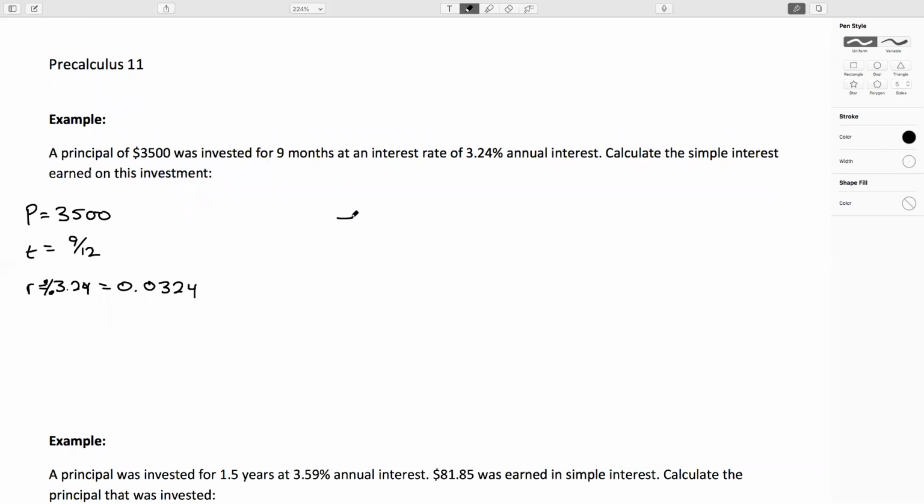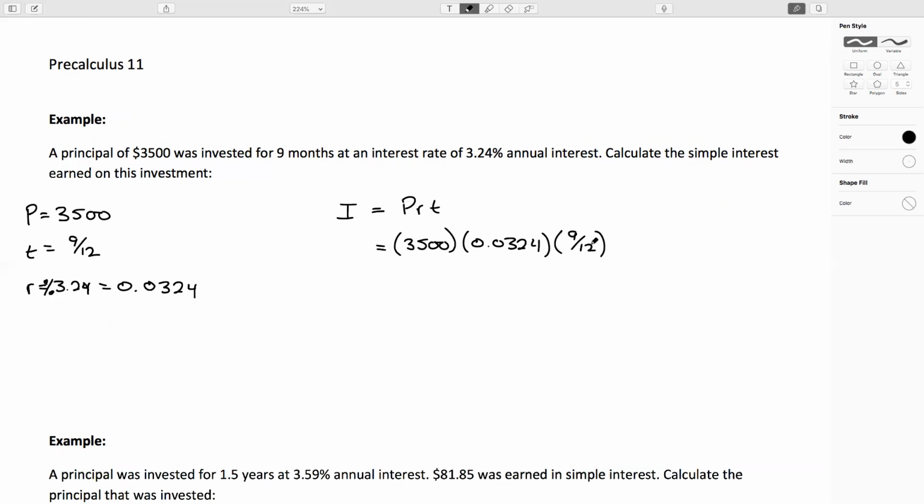So I equals PRT is our starting point. We need to put our numbers in. Principal is $3,500. The interest rate R is 0.0324. And our term T is 9/12.